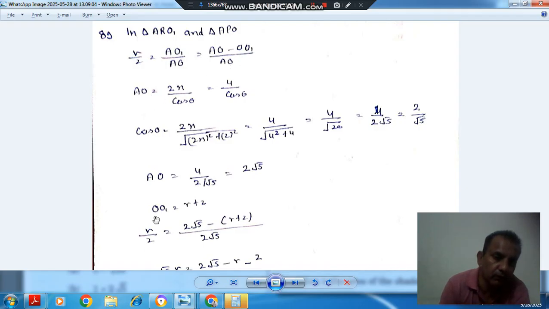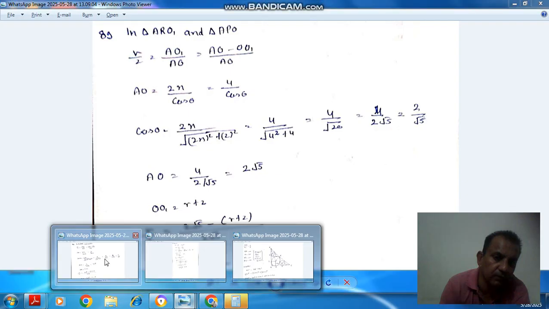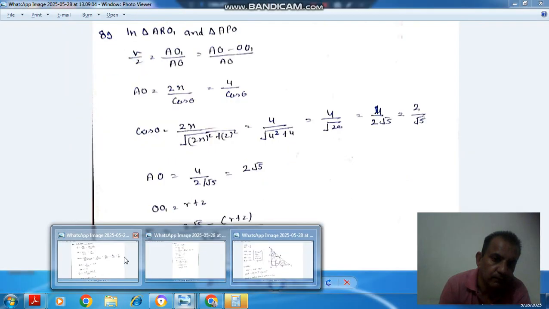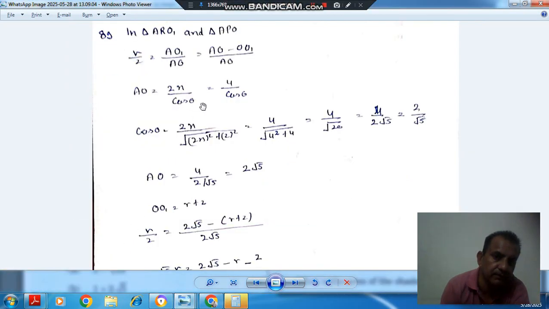Now we have to find the value of AO. For this, this angle is theta, and this side is 2x, and this is the hypotenuse. So AO will be equal to 2x by cos theta, or since x is 2, it is 4 by cos theta. Now cos theta can also be found out.